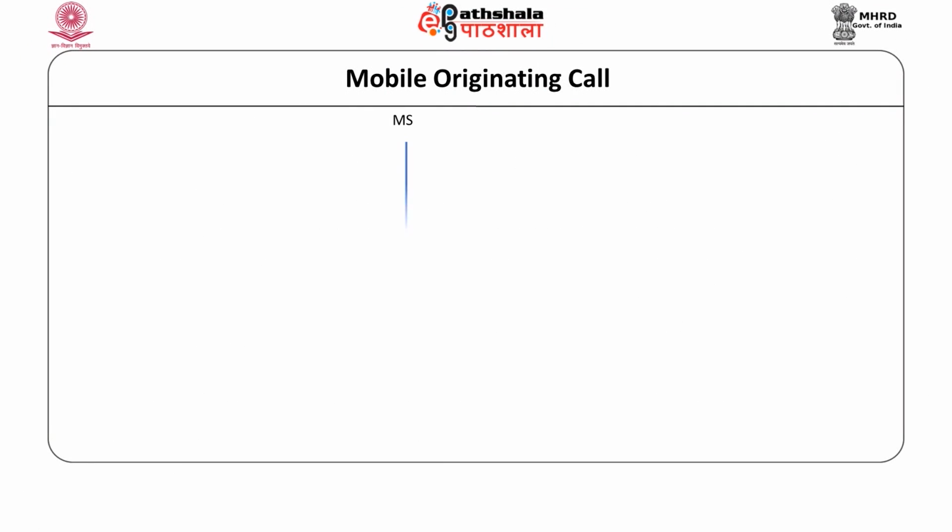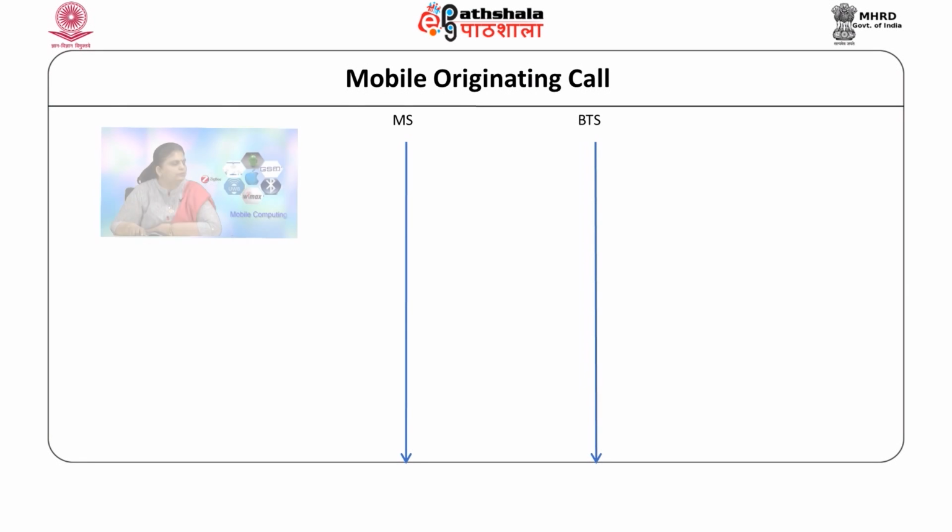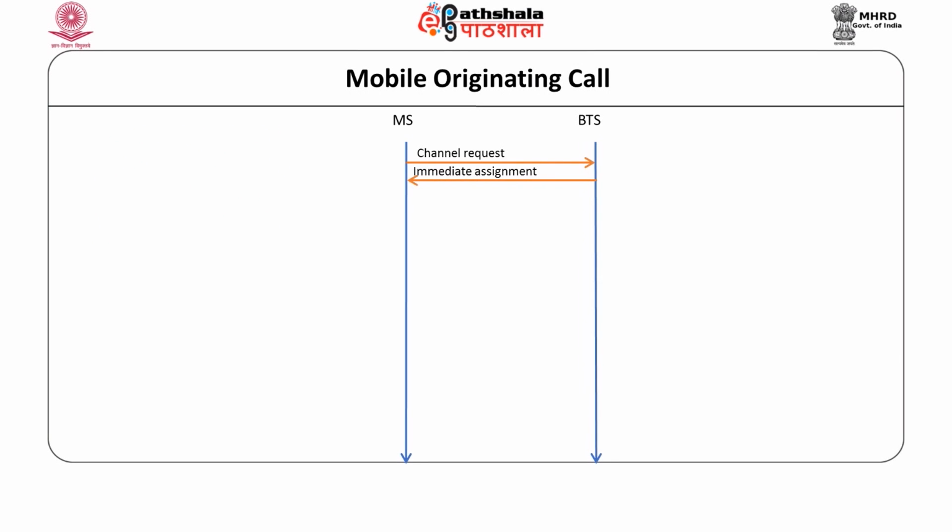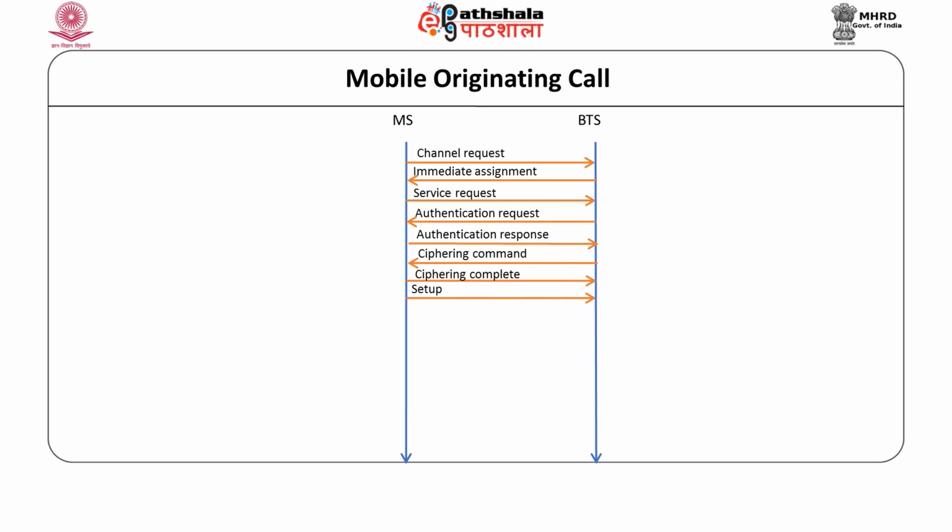So, have a quick look at the sequence of messages exchanged during the mobile originating call. Channel request by the mobile station, if available, a signaling channel is assigned, service is requested by the mobile station, authentication, ciphering, and then the call setup is assured.